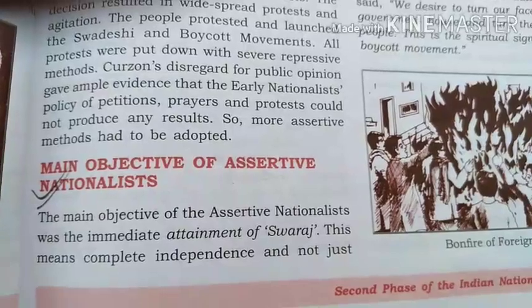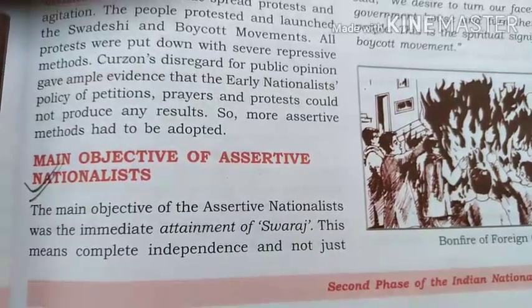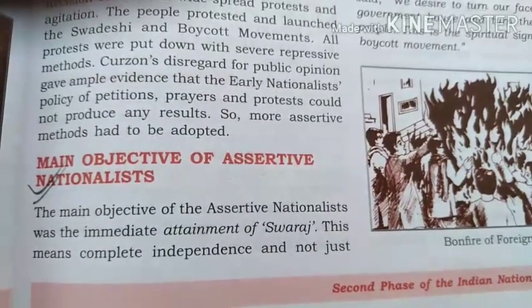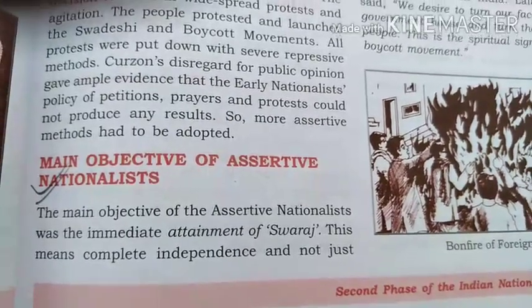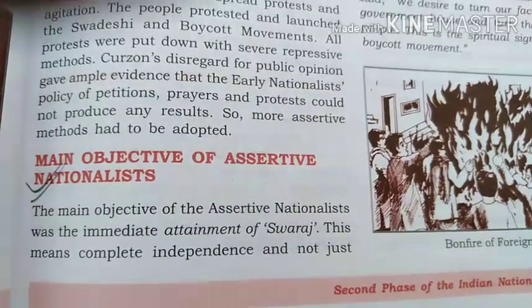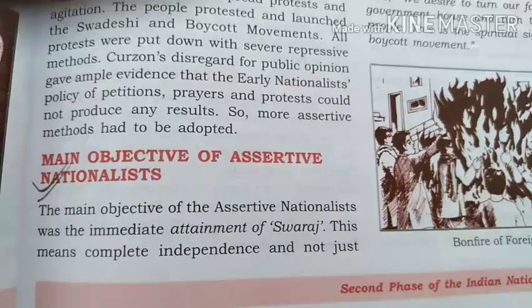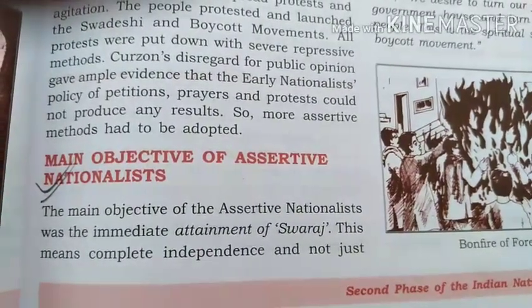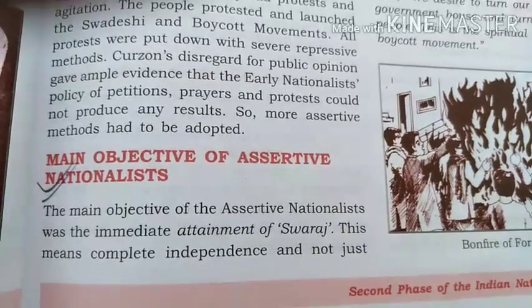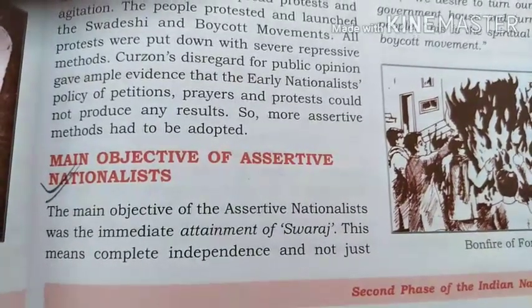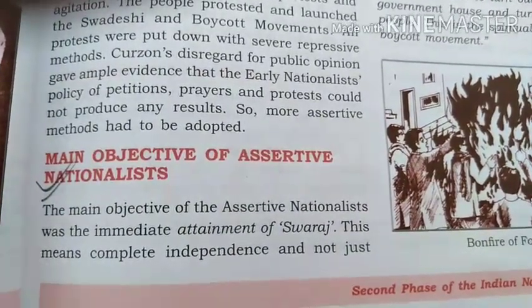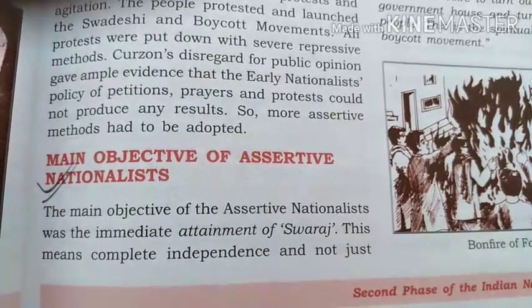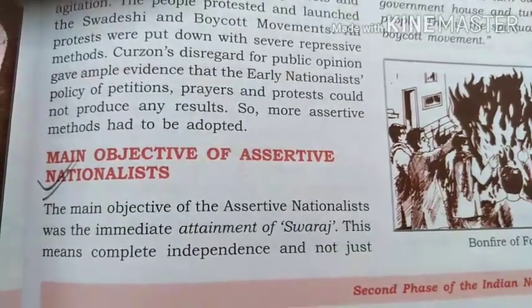Dear students, in history, we have to follow the ICSE board syllabus, and in each chapter of history, we have to deal with certain points only, according to the syllabus given to you all.